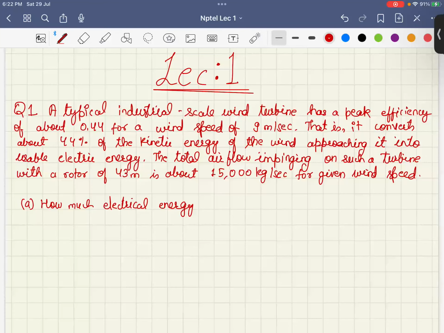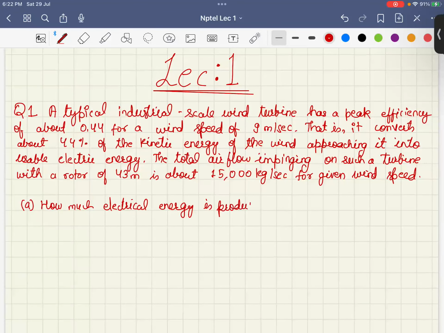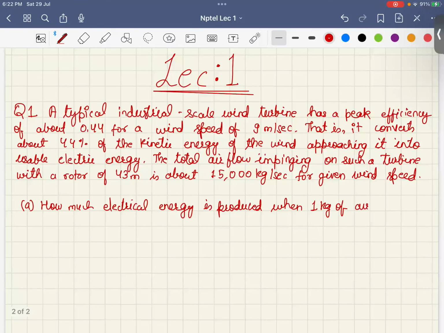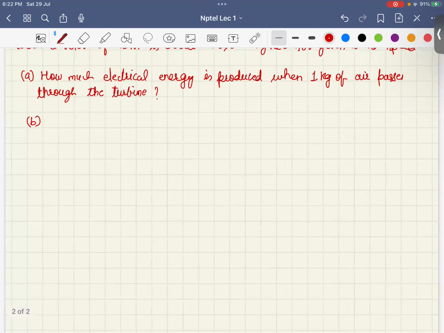How much energy is produced when 1 kg of air passes through the turbine?